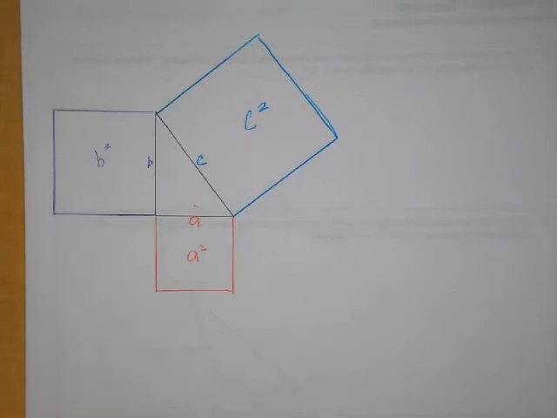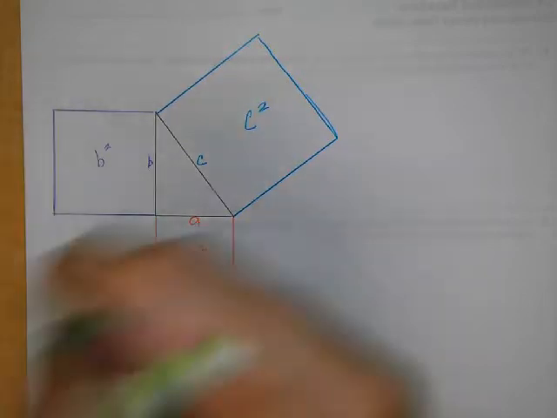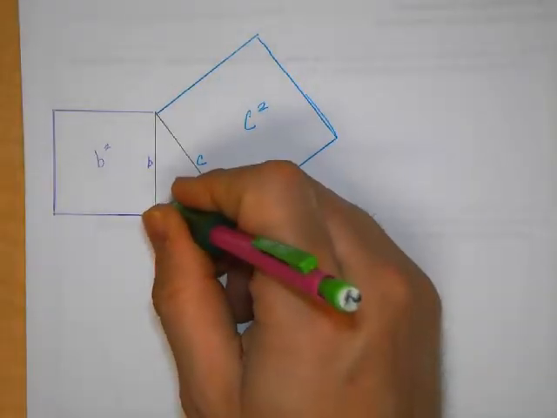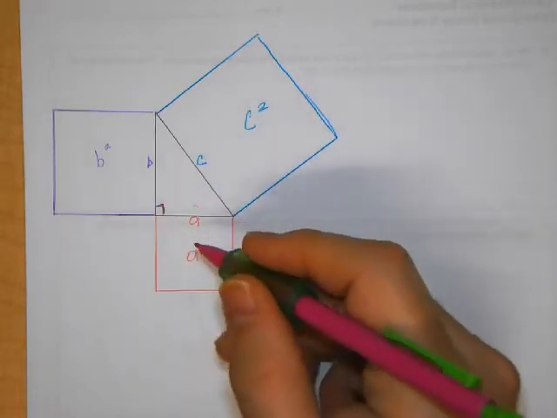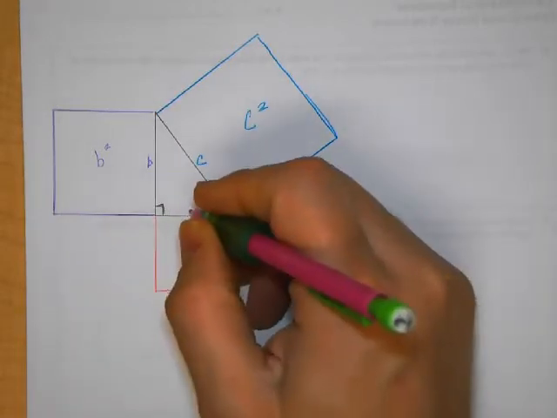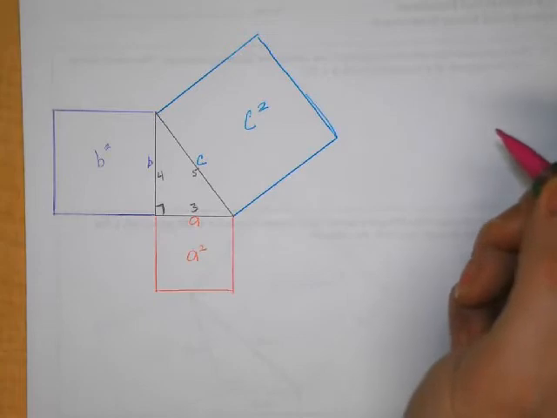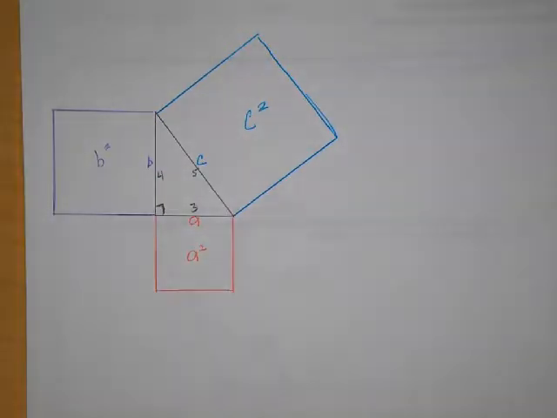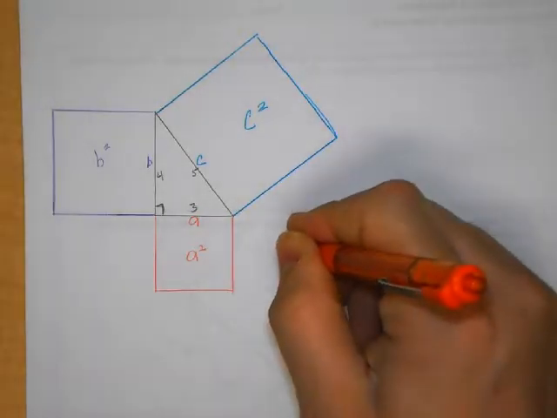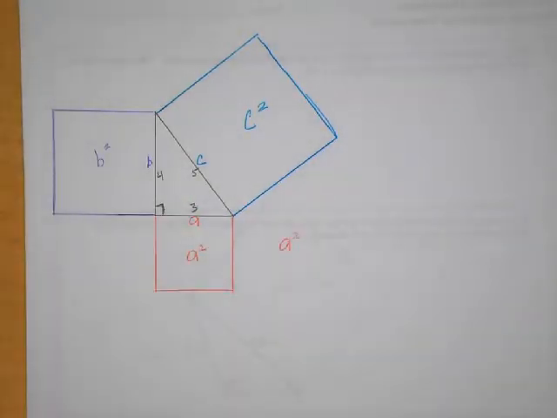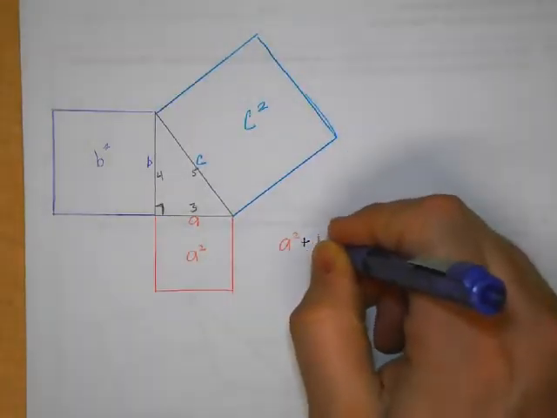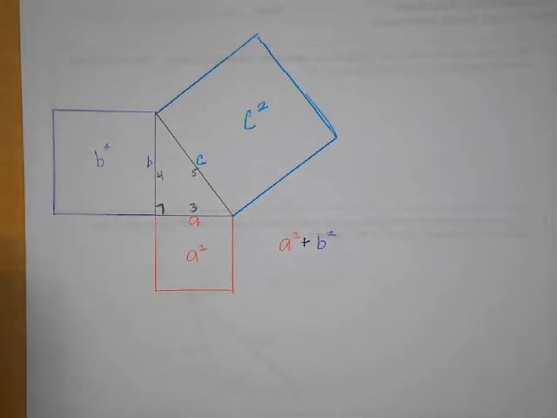I drew this in such a way that it is a right triangle, and this is a very popular Pythagorean triple, a 3, 4, 5 right triangle, where what we see in the Pythagorean theorem is that the sum of the two sides squared, for a right triangle, would be equal to the square of the third side.